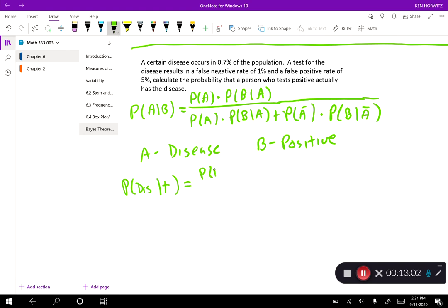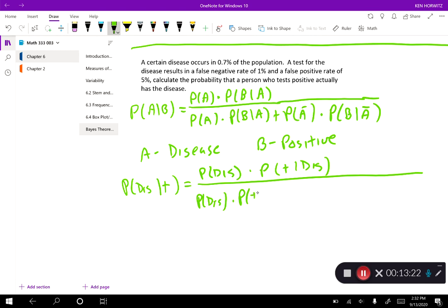So we need the probability of disease times the probability of testing positive, given that we have the disease, over probability of disease times the probability of testing positive given that they have the disease, plus probability of no disease times the probability of testing positive given that we have no disease.